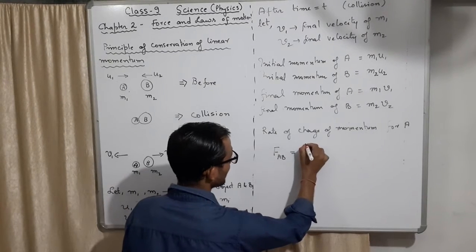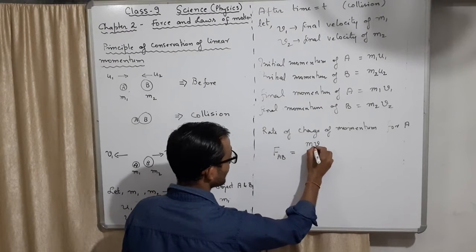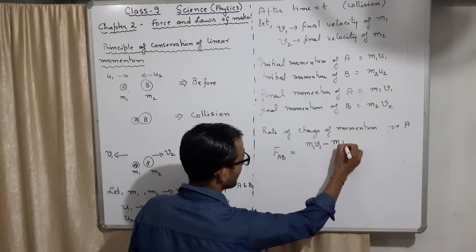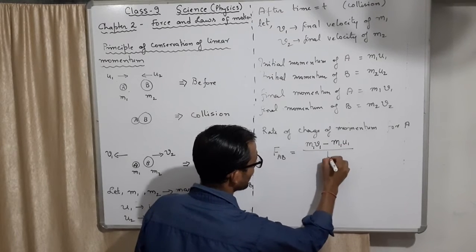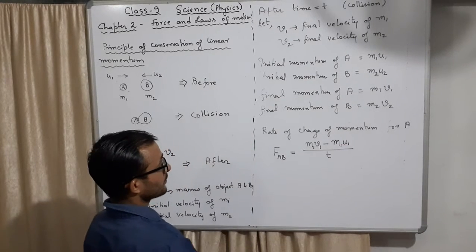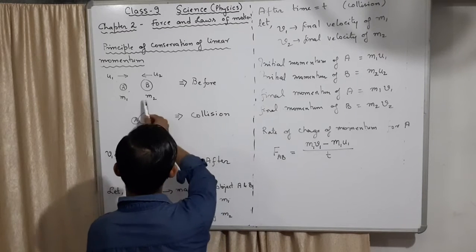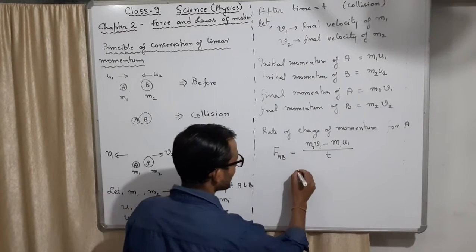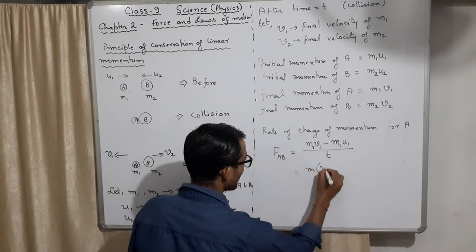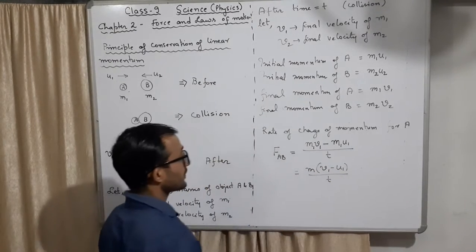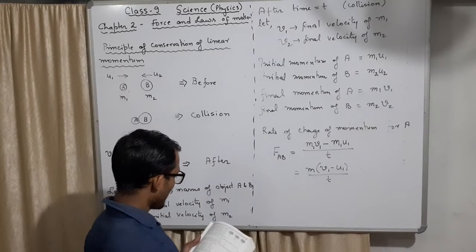So what is this? M1 V1 minus M1 U1 divided by T, that is, final minus initial. M1 is common, so we get M1 times (V1 minus U1) divided by T. This is the rate of change of momentum for A.